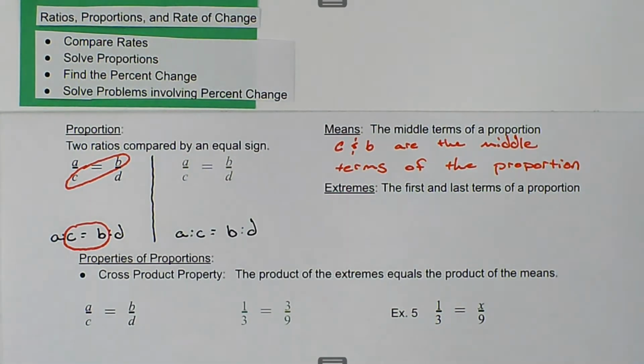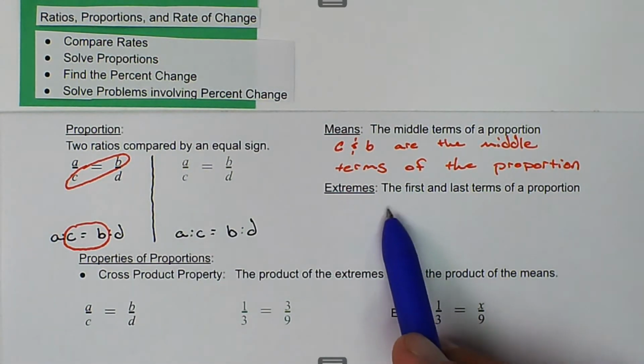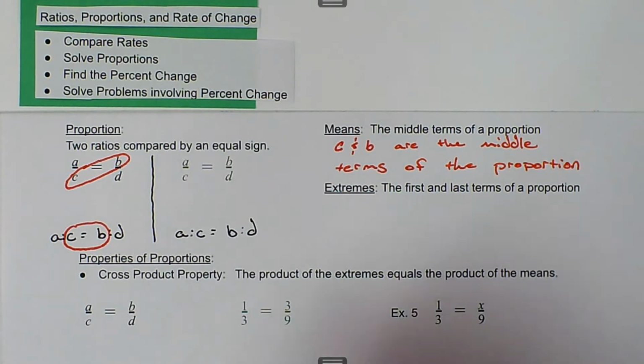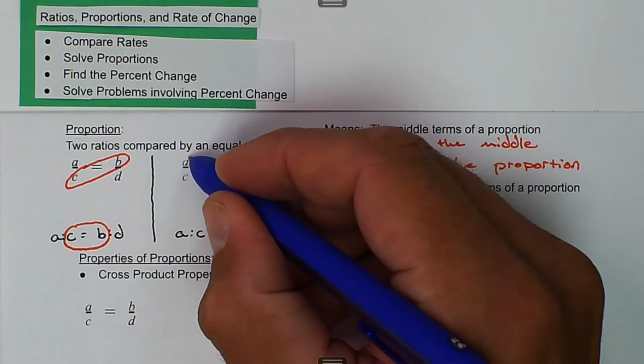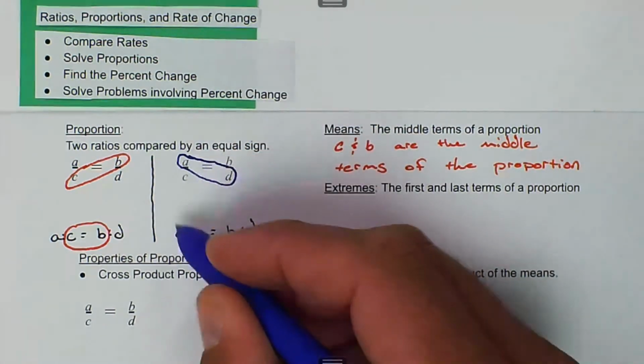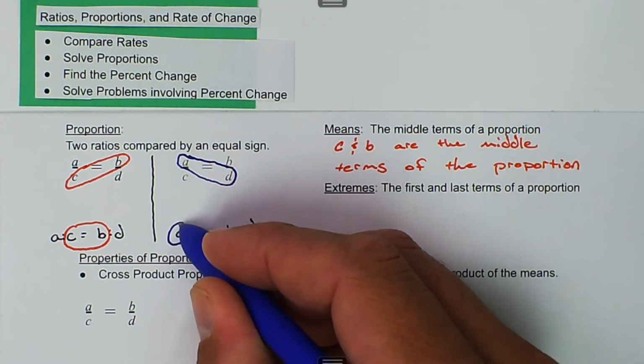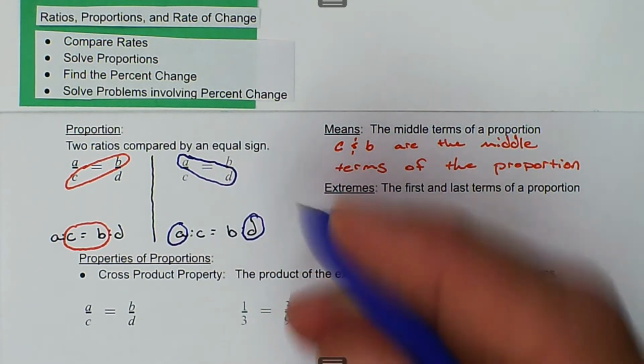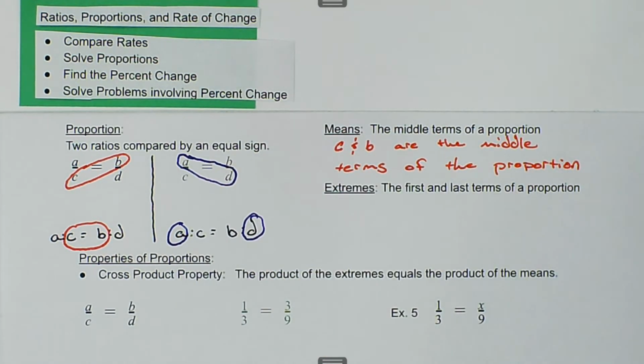And then the extremes are the first and last terms. So the first and last terms in this are A and D, and that shows up a little better when written this way, because it clearly shows that they are the first and the last.